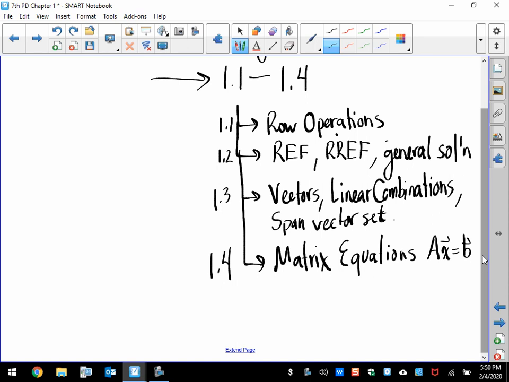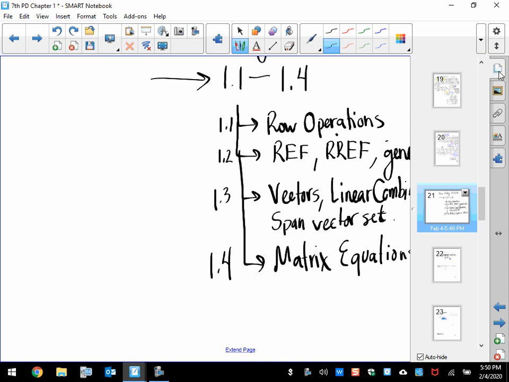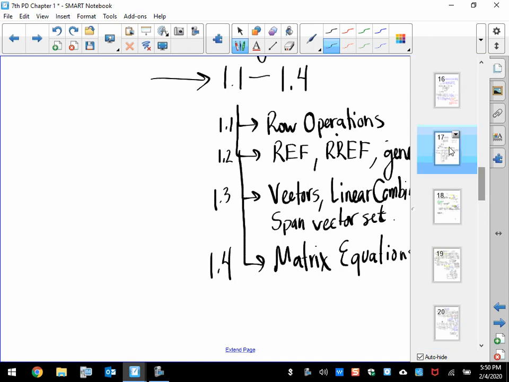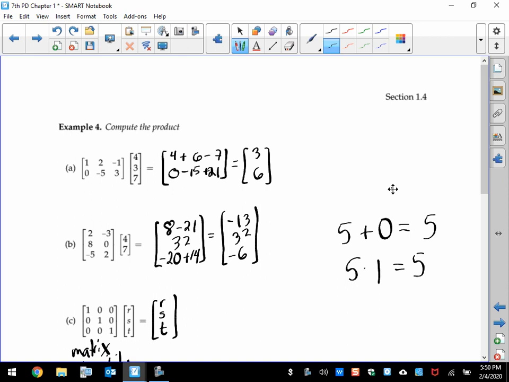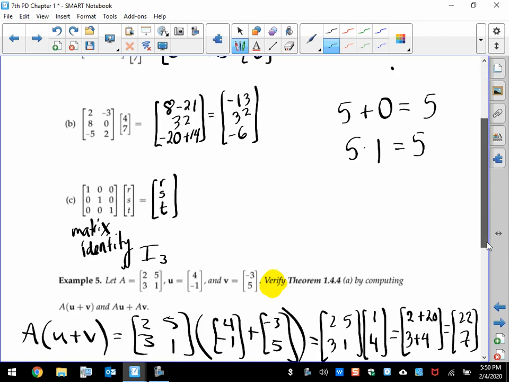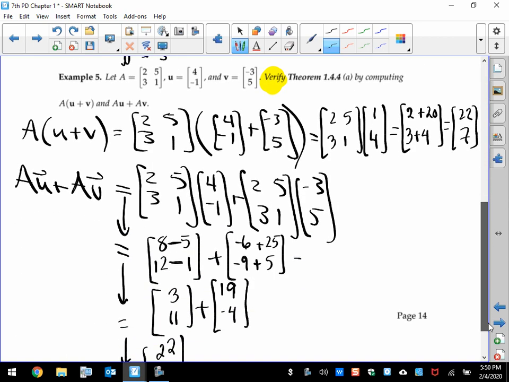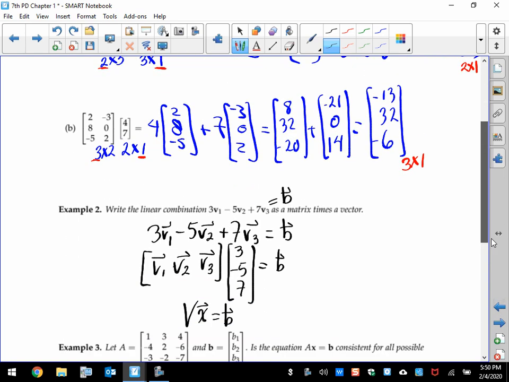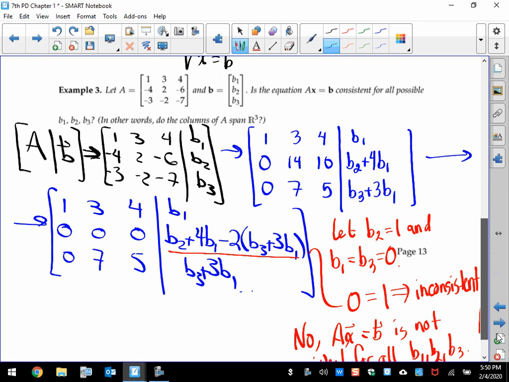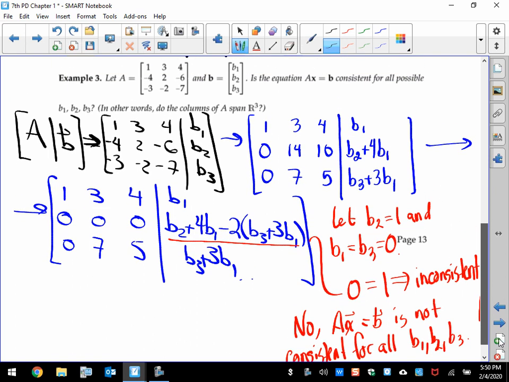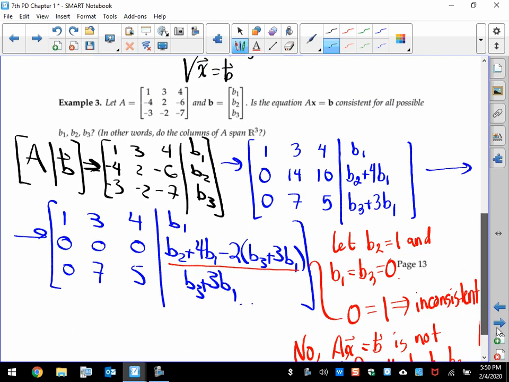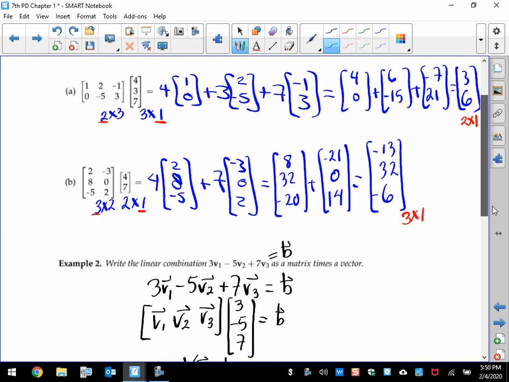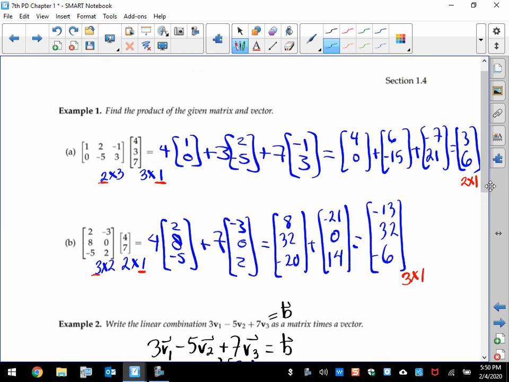We did some row reduction, and I think we didn't introduce parametric vector form yet. That was this class. We learned how to do the product of a matrix and a vector, and we learned a theorem on the distribution of a matrix on the left of a vector. Here we found a solution, determined whether or not it was consistent, which means it's in the span of the columns. Yeah, so representing vector equations, that wasn't too complicated.